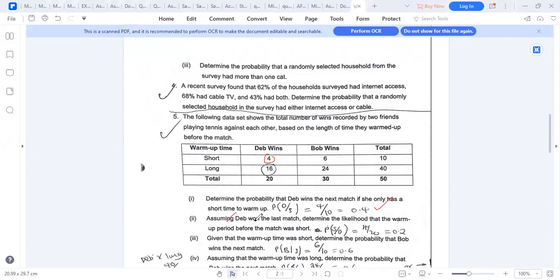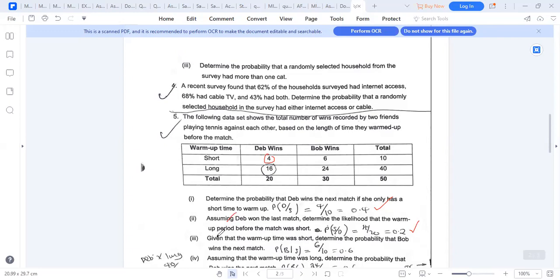Given Deborah, determine the likelihood that the match will be short. So short will come on top because assuming is preceded by Deborah. They still meet at 4, but the total for Deborah is 20. So 4/20, which is 0.2.